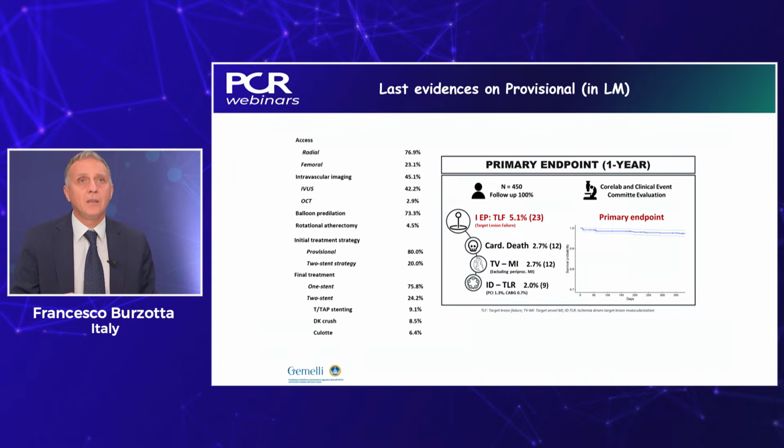And the procedures were, as expected, reflecting the real world of our life, a lot of transradial approach, 45% of the cases guided on imaging, and there was also 80% of single stent procedures at the end, and the target lesion failure was as low as 5%.